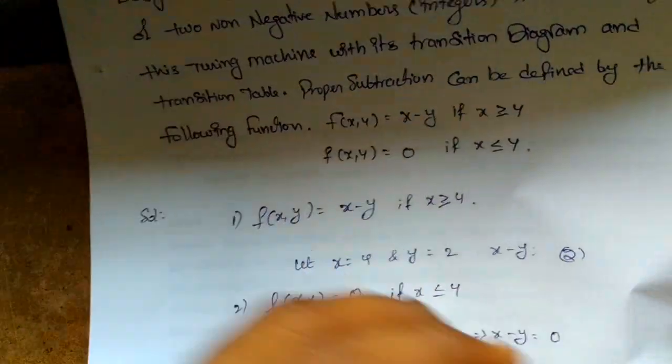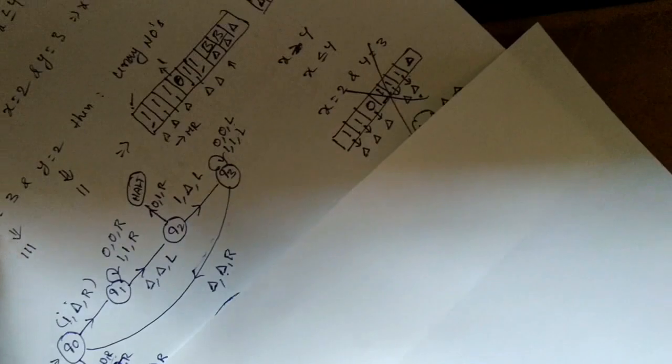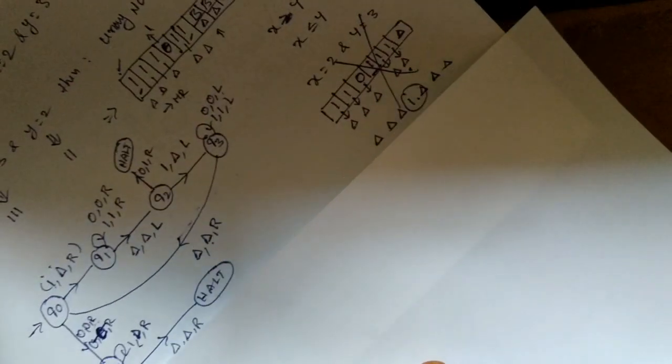So now we construct the transition table for this Turing machine.